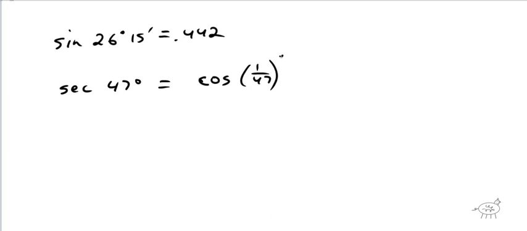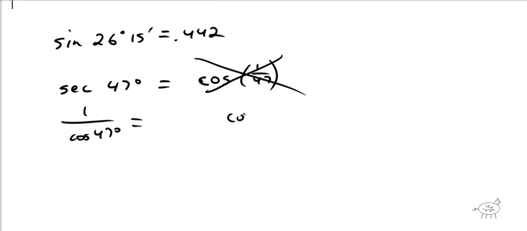It's not this. Put an x through this, and it's 1 over the cosine of 47 degrees, because it's the reciprocal. It's just like when I taught you guys, if I said do the secant of 30 degrees, which is a number that we know, you did the reciprocal. You found the cosine of 30, which is root 3 over 2, and what did you do with that? You flipped it.